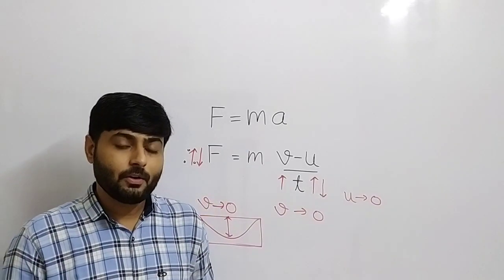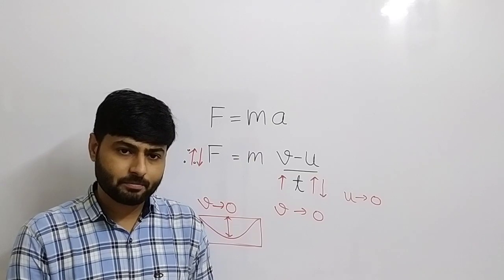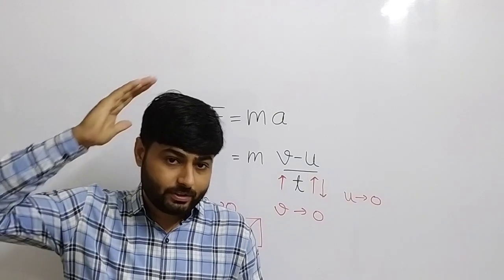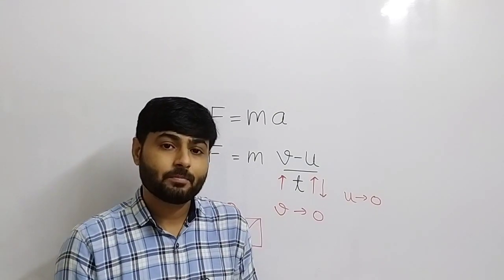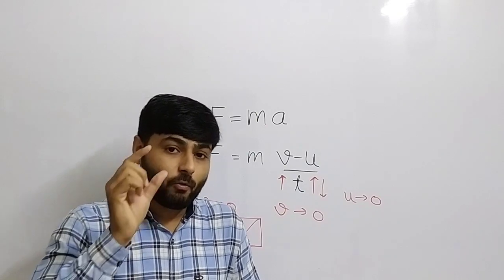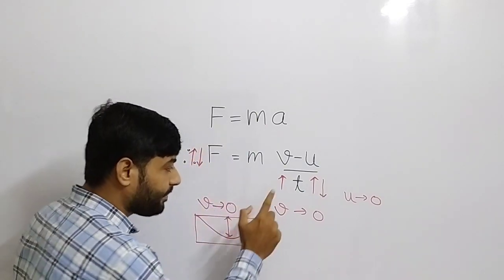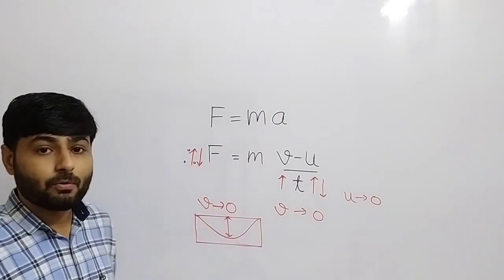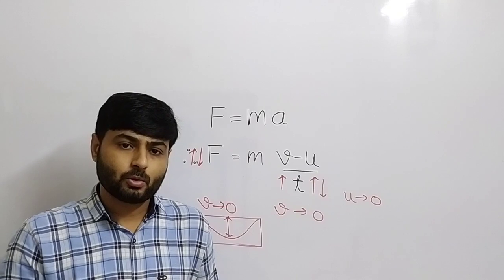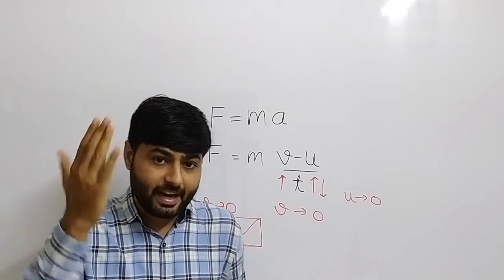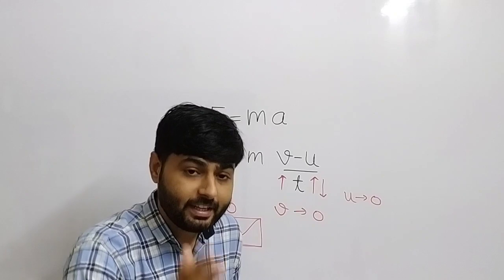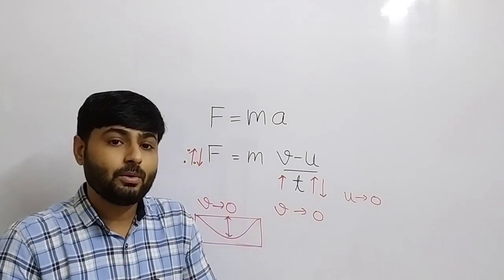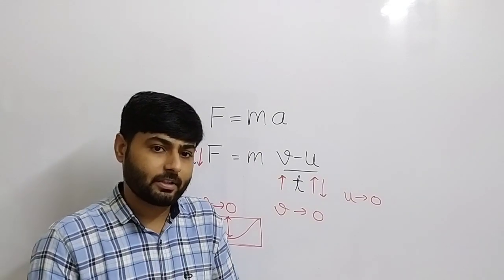Reverse example, we can think about a karate player. Karate player breaks the bricks and ice plate with one impact. Why? He impacts in a very little time. So time is very low. When time is very low, the impact of force will be very high. So with less mass and very high velocity that decreases to 0 in very less time, he produces more force, more impact.